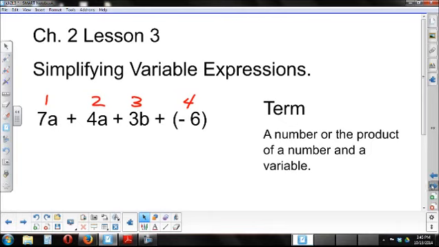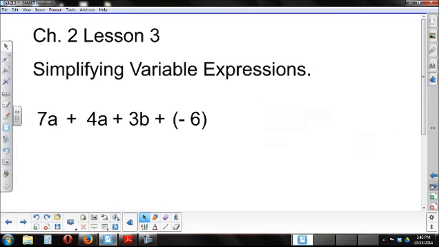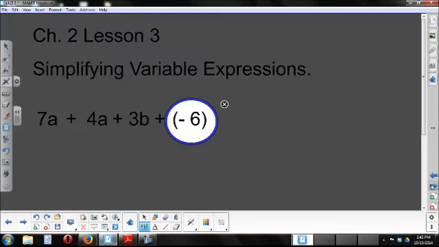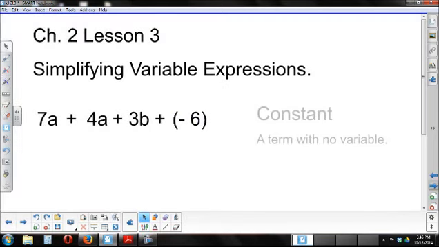Let's specifically look at the term without a variable, negative 6. Now, the negative 6 has a special name. It is called a constant. That is what we call a term with no variable.